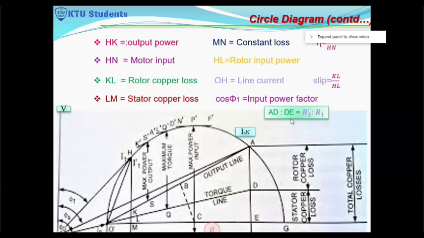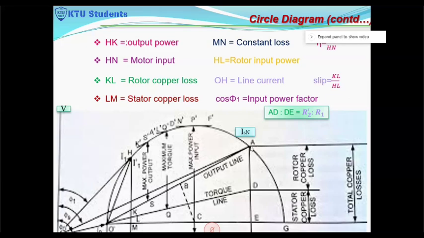You have to divide in such a way as to get the point D. Once you get the point D, AD represents the total copper loss, that is the rotor copper loss, and DE represents the stator copper loss. And if you join the tip of the I0, point O dash, to this point D, you will get a torque line.